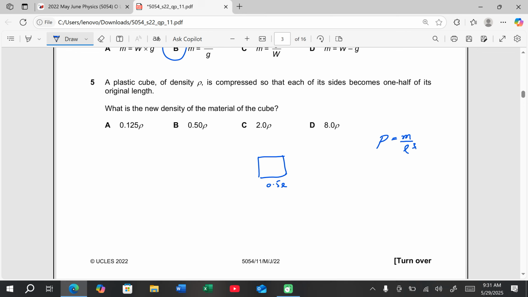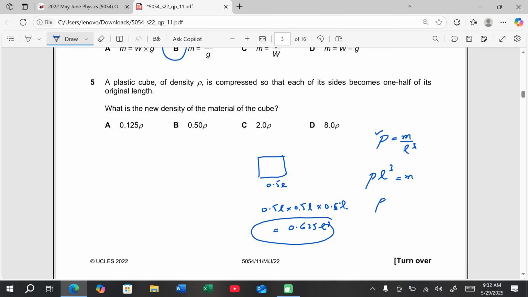Now we have 0.5 L times 0.5 L times 0.5 L, so it is going to be 0.625 L cube. This is now the new volume, right? When the volume was L cube, the density was rho, and the mass is this.